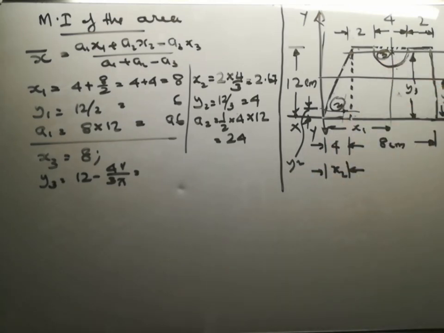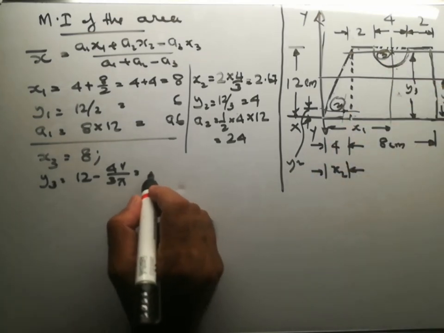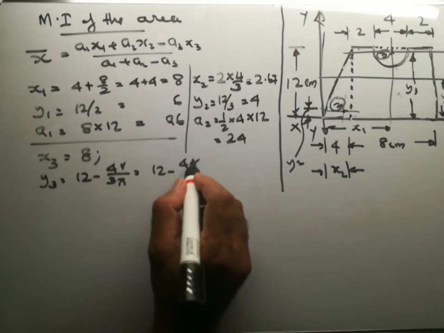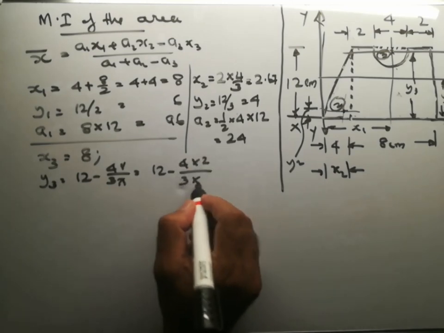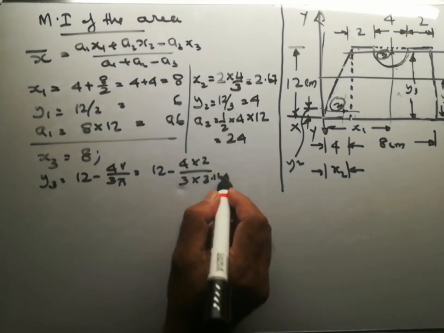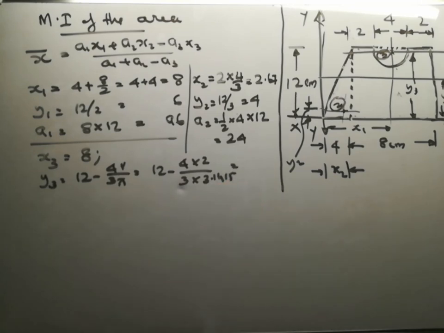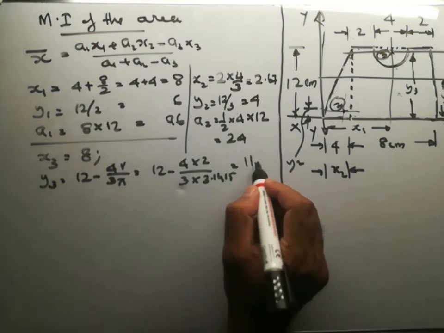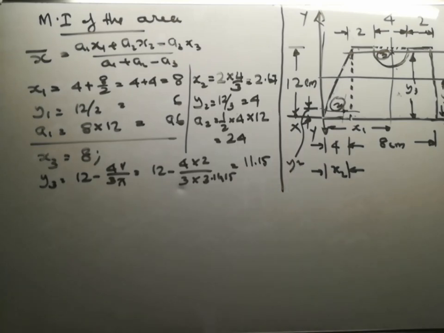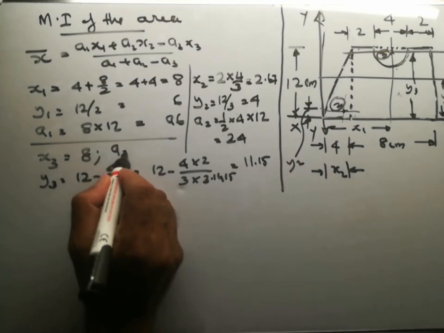Therefore, it is equal to 12 minus 4 into 2 divided by 3 into 3.1415, and y3 is equal to 11.15. y3 is 11.15.